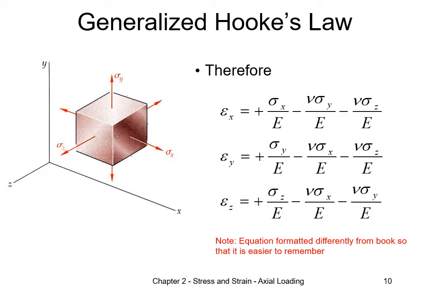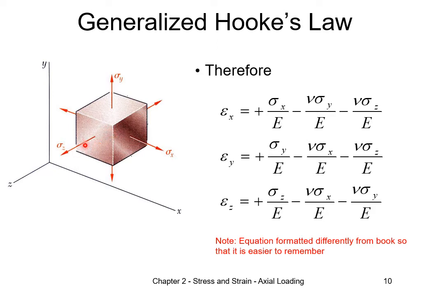If instead of having stresses in one direction, we have stresses in all three directions, sigma x, sigma y, and sigma z, and we want to find the strain in the x direction due to the combination of all these stresses, we can make use of the equation over here. The stress in the x direction will cause an extension in the x direction, hence it is positive sigma x over E. The stress in the y direction will cause a contraction in the x direction.